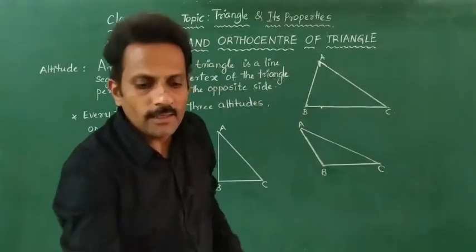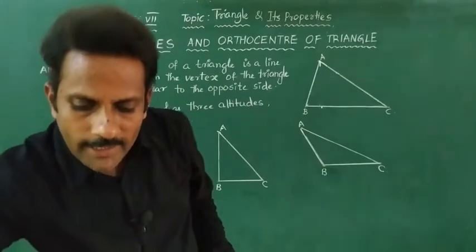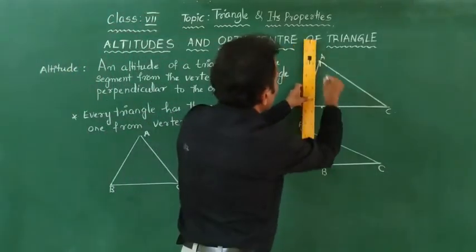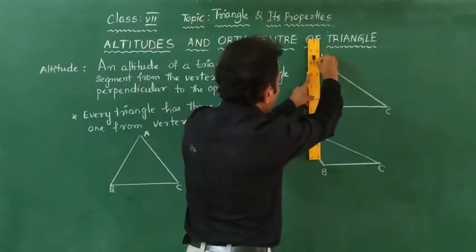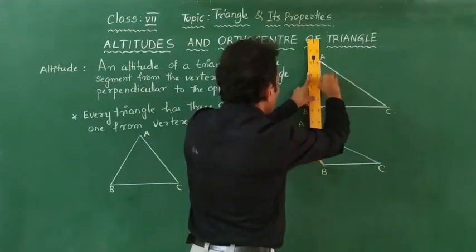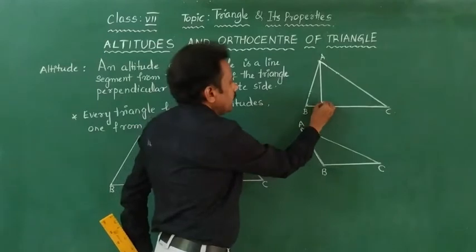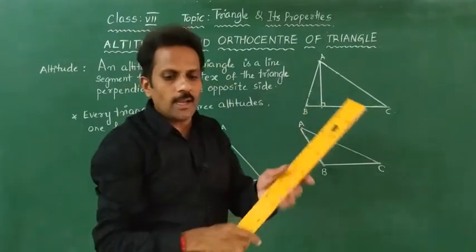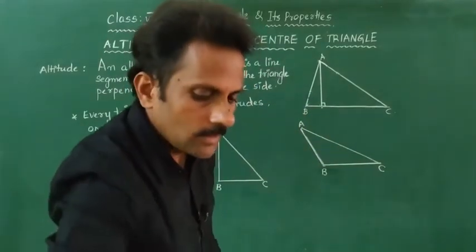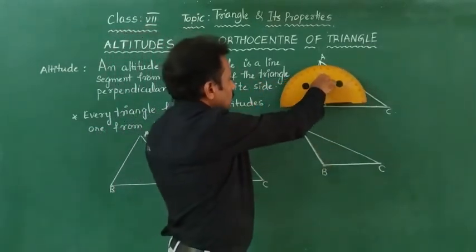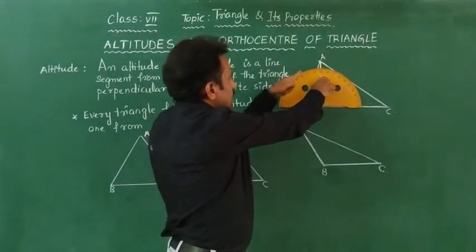Now let us join the point and A vertex. Now you can observe this is 90 degrees. Okay, already we have seen using protractor the angle. So you can observe this is exactly 90 degrees.